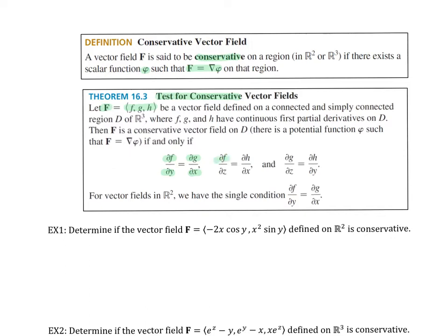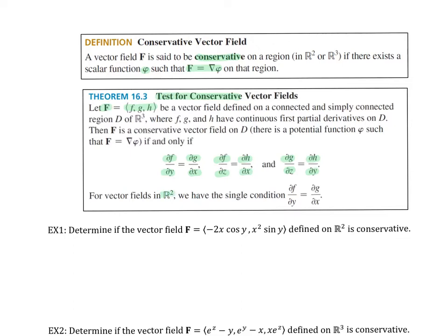The partial of f with respect to z is equal to the partial of h with respect to x. And finally, the partial derivative of g with respect to z is equal to the partial of h with respect to y. So this is on 3-dimensional space, so 3 conditions have to happen.